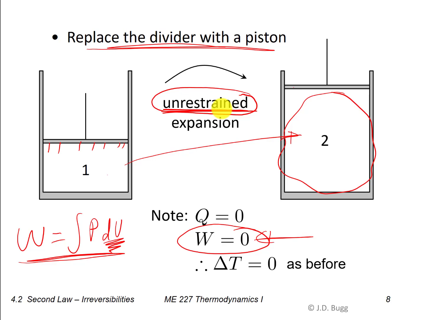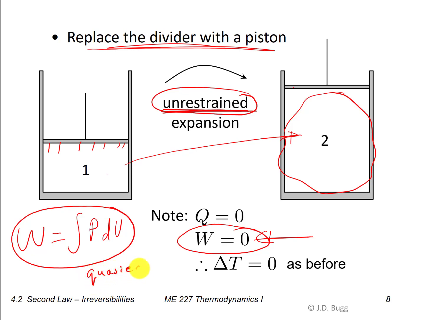Now, the last thing I want to say about that before we move away from this equation, work equals integral P dV, is remember that every time we use this equation, we wrote down an assumption. And that assumption was quasi-equilibrium, or a quasi-equilibrium process. And that meant that this gas was very, very close to equilibrium during the entire process. And the reason that had to be true is so that the gas was pushing on this piston face while the expansion happened.